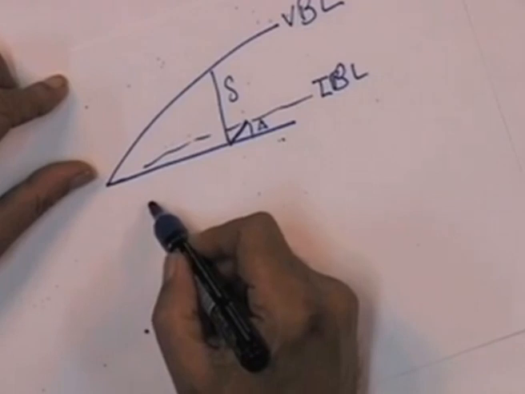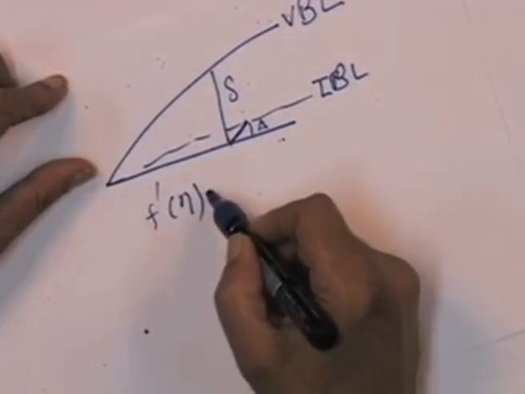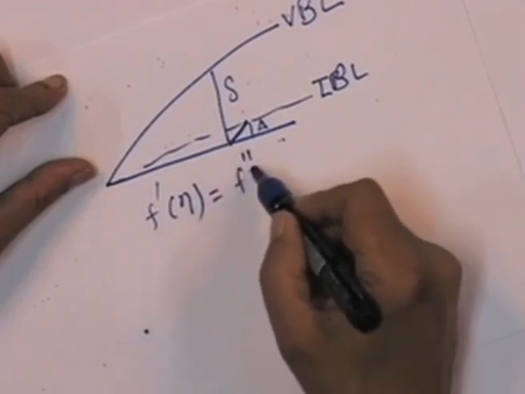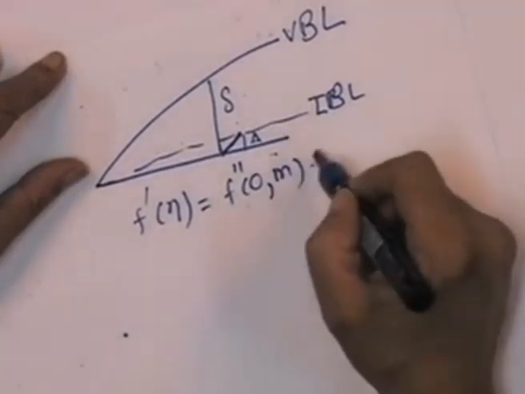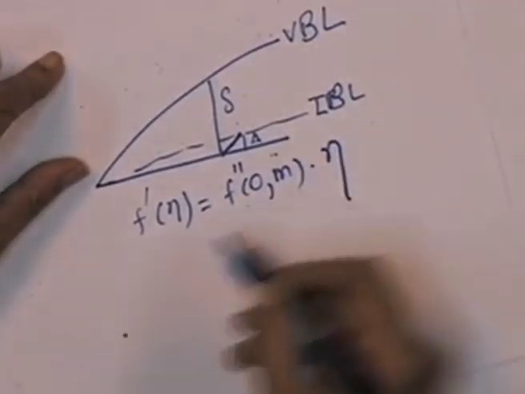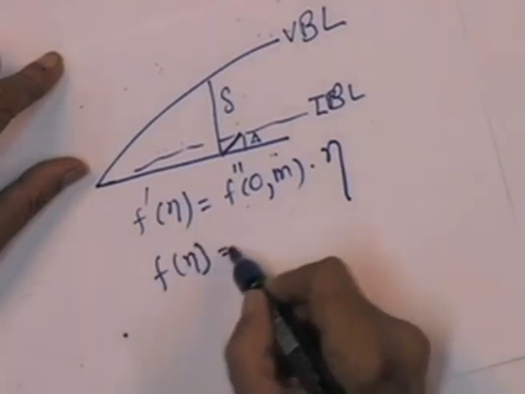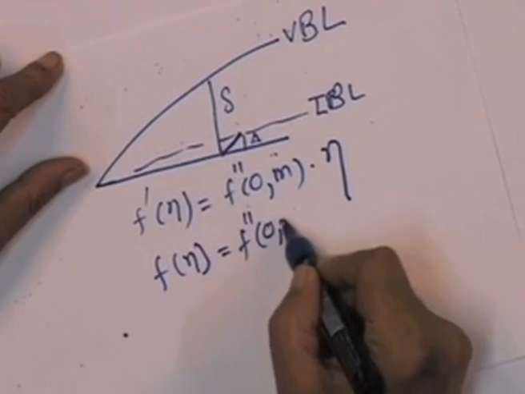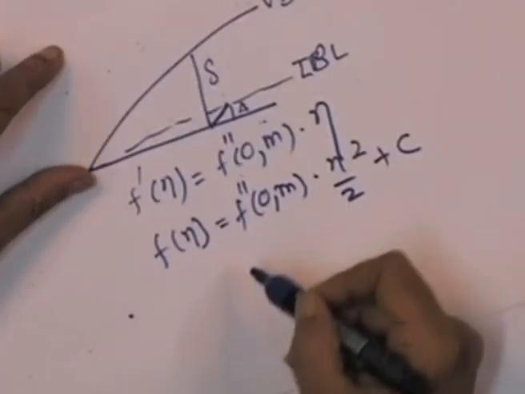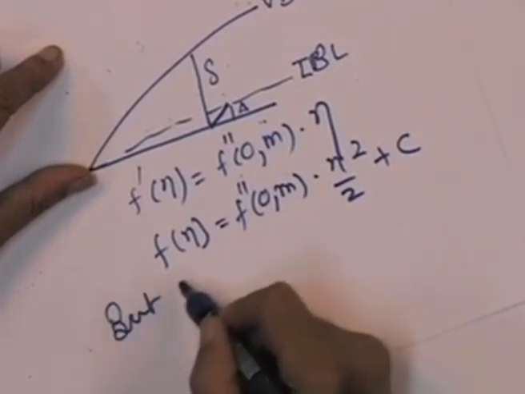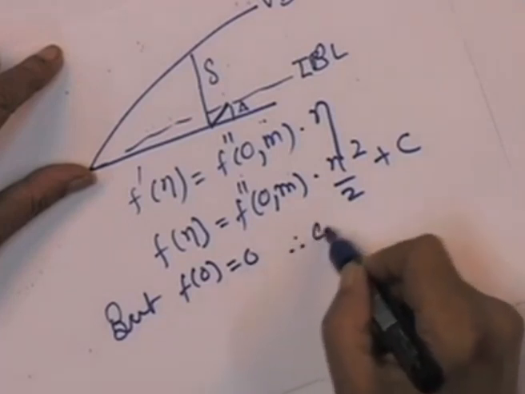So, in other words, f dash eta within the temperature boundary layer will simply be equal to f double prime 0 for that value of m into eta. Integration will give me f eta is equal to f double prime 0 m, which is a constant, eta square by 2 plus a constant, but f 0 is equal to 0 and therefore, c is equal to 0.